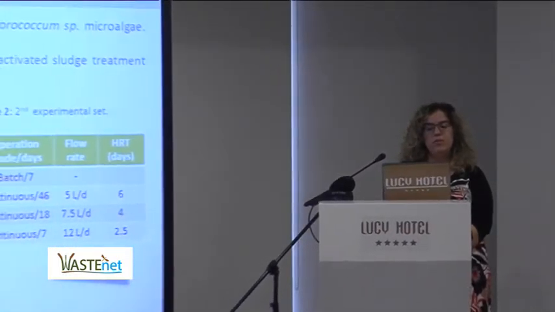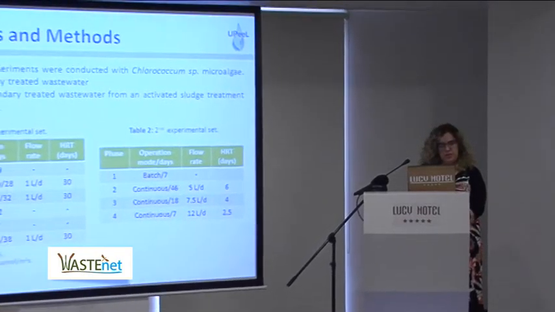Two sets of experiments were conducted with Chlorococcum species. In the first set, we used primary treated wastewater, and in the second set, we used secondary treated wastewater from an activated sludge treatment plant. In the first table, we see the first experimental set, which consisted of 6 phases with different modes and operation days. The flow rate was the same, and the HRT was the same.